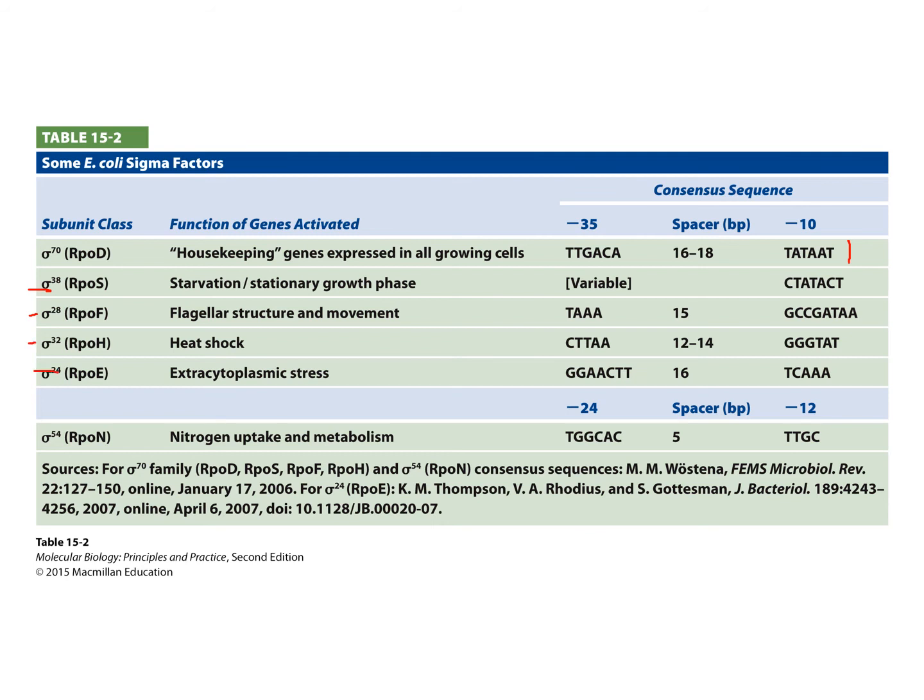And so you can see each sigma factor is associated with different motifs, still in approximately the same locations in the promoter, but the sequence specificity is different. So we're seeing that these different proteins have different sequence specificities.